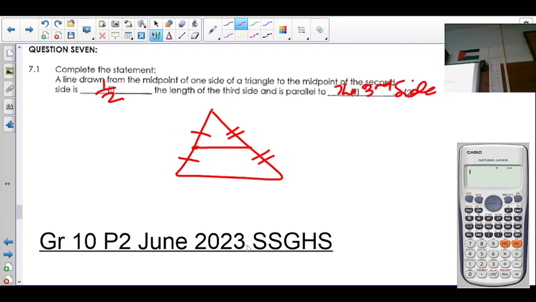And that is your midpoint theorem. Okay, let's carry on.